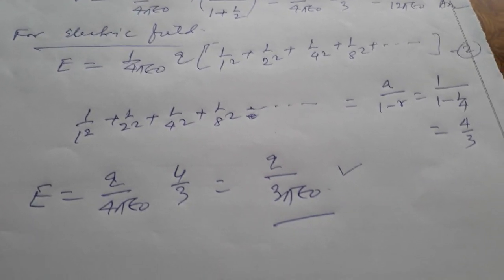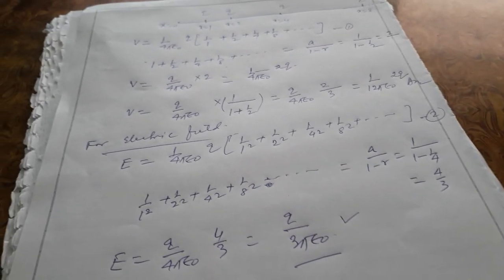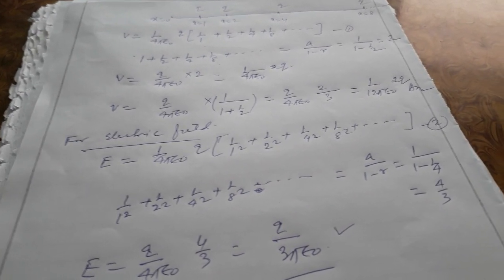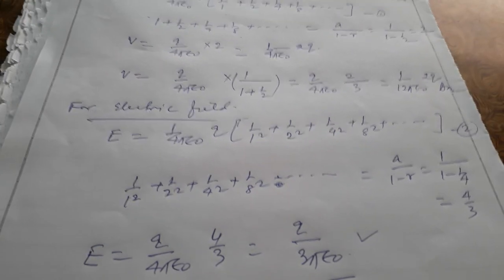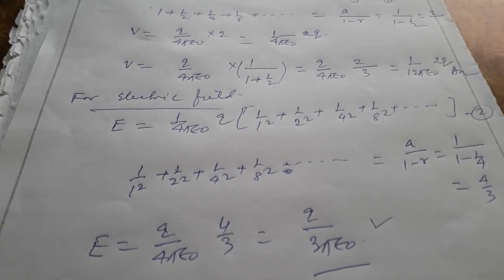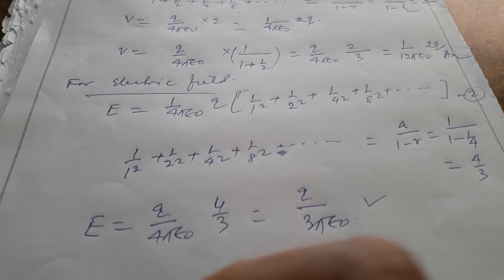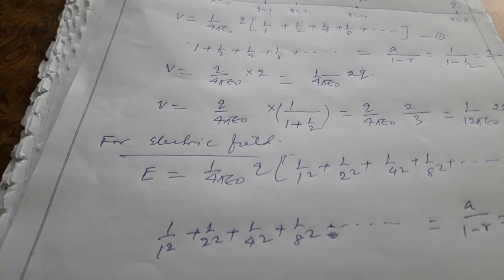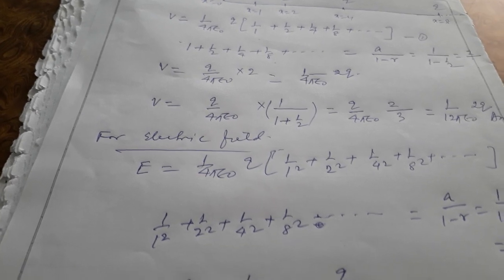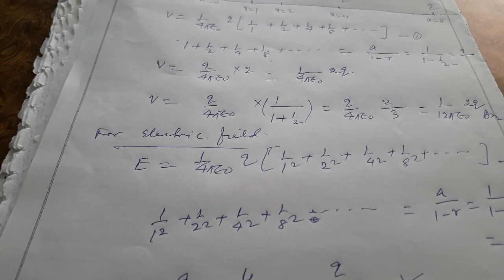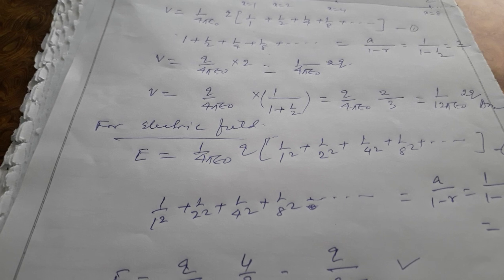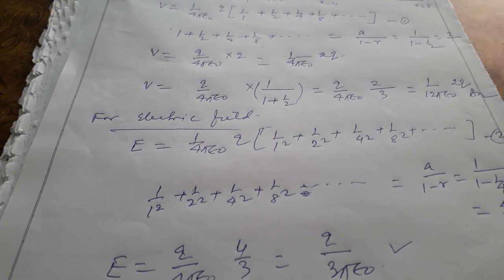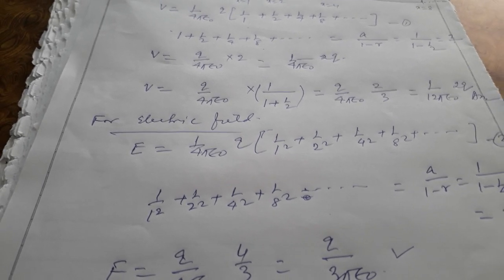If the consecutive charges have opposite sign, then we can write E equal to Q by 4 pi epsilon naught, and directly we can write 1, that is the first term is 1, and the common ratio will be minus 1 by 4.